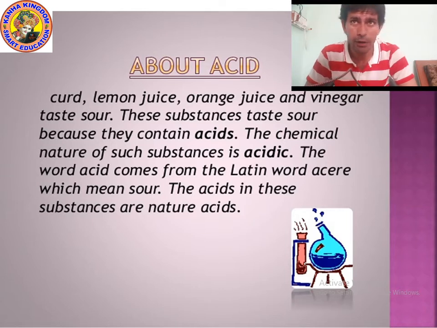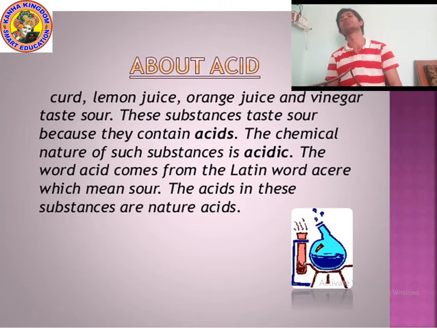Their taste is sour. Curd is sour, lemon juice is sour, orange juice is sour, vinegar is sour. These substances taste sour because they contain acid. Yes, they have acid.